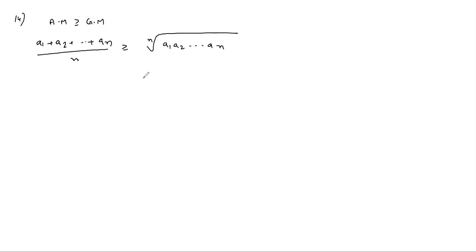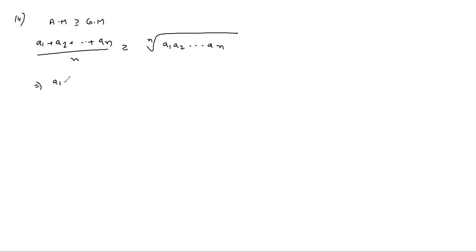The product of n positive numbers is unity. Then find this sum. This is arithmetic mean is greater than or equal to geometric mean. So the sum of any numbers a1 plus a2 and so on an by n is greater than or equal to the nth root of the product a1 a2 an. AM greater than or equal to GM result for n terms.